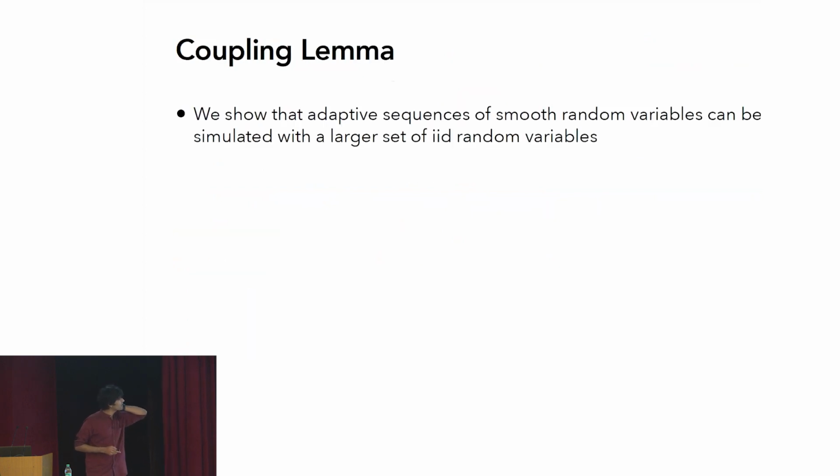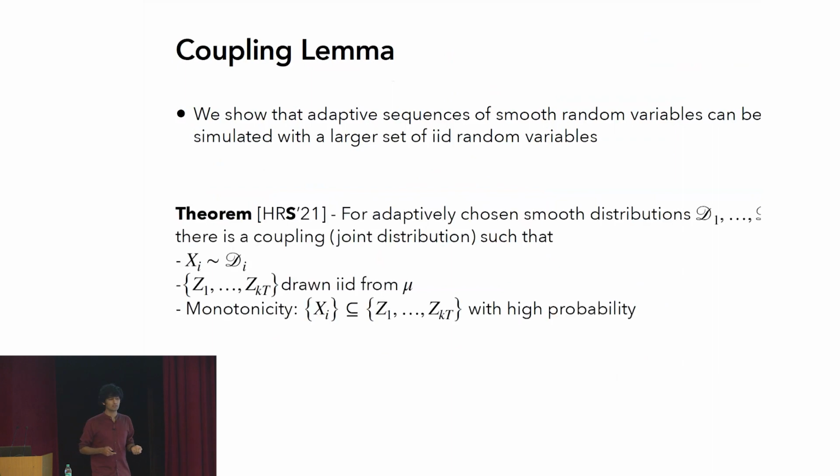The main way we deal with this is that we show that an adaptive sequence of smooth random variables can be simulated by a larger set of IID random variables.